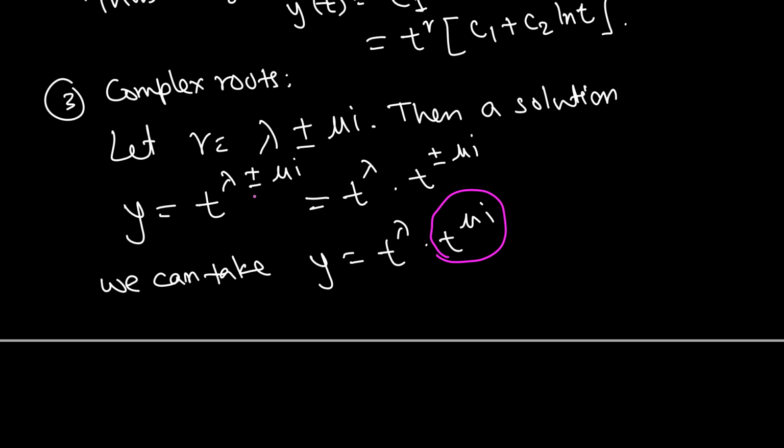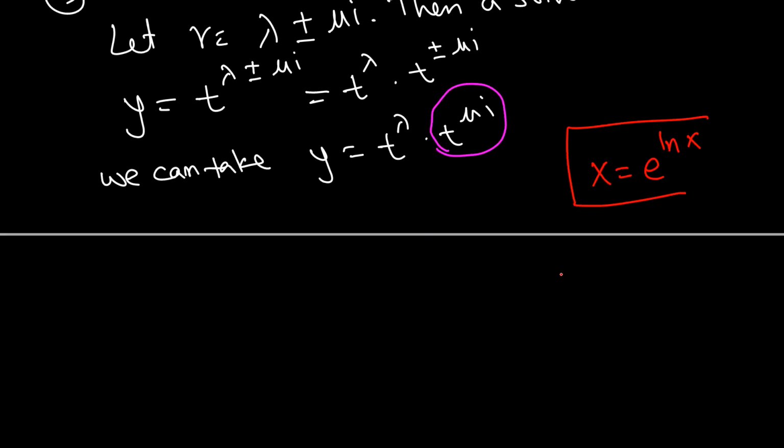So I'm going to apply the following rule. When we have x, that's the same as e raised to natural log of x, because e and natural log, their actions cancel, and we get this. Okay, and I also want to remind you, from trigonometry, when we have e raised to i theta, it will be cosine theta plus i sine theta. That's another Euler's formula.